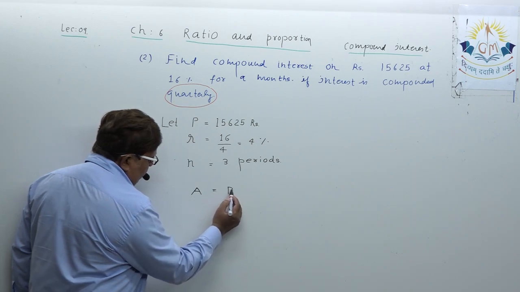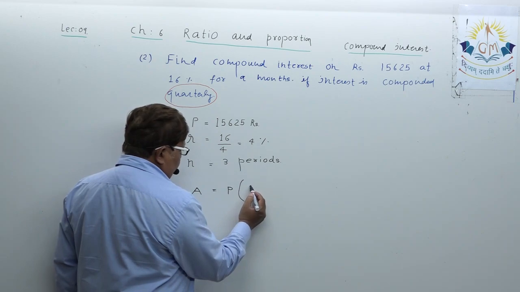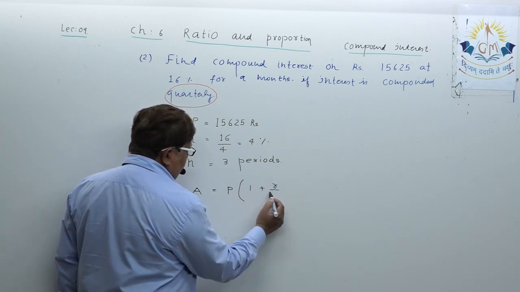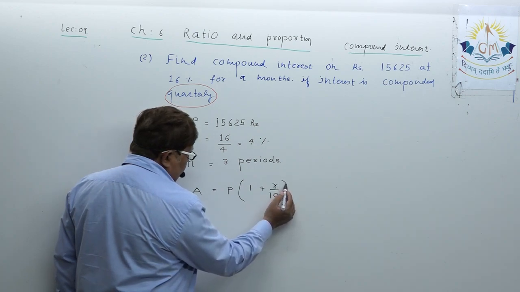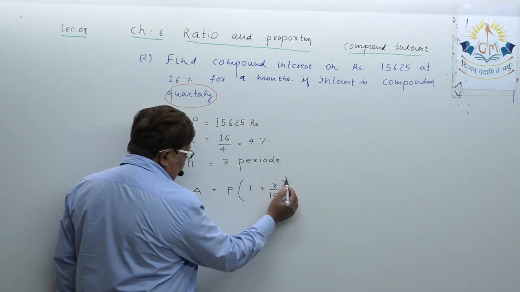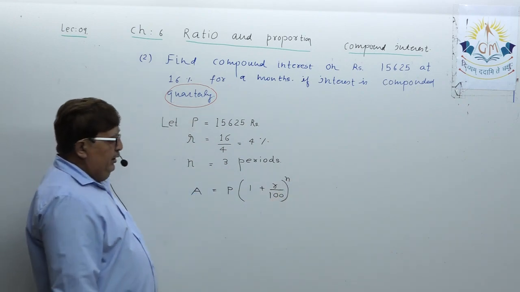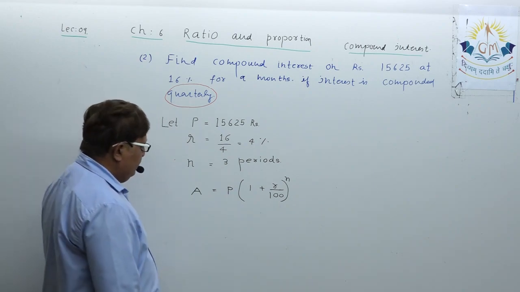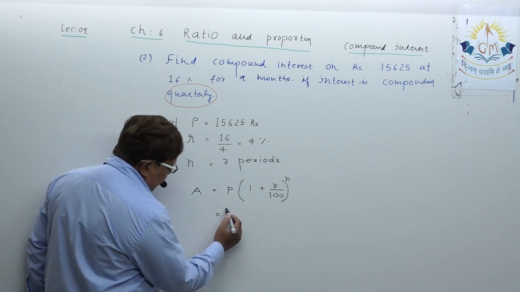Formula A equals to P plus R upon 100 raised to n. Okay. Formula needs to be remembered properly. Let us substitute the values.